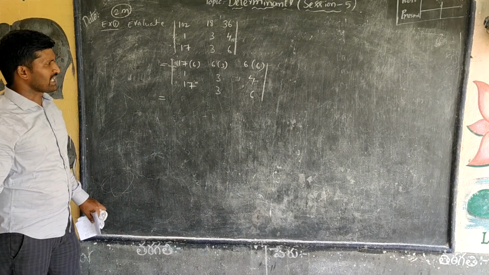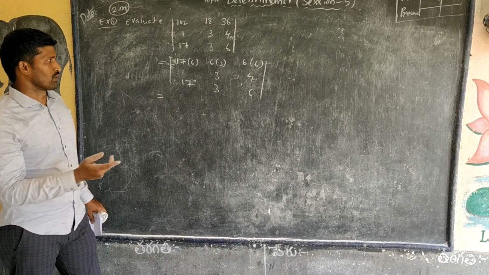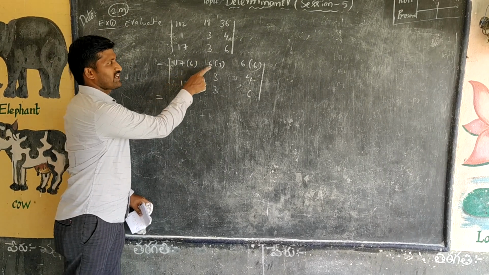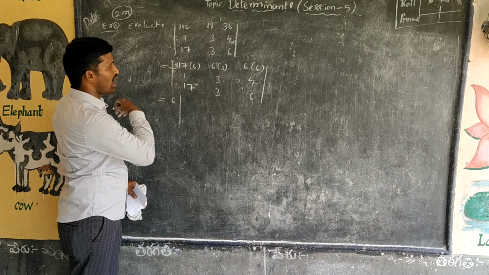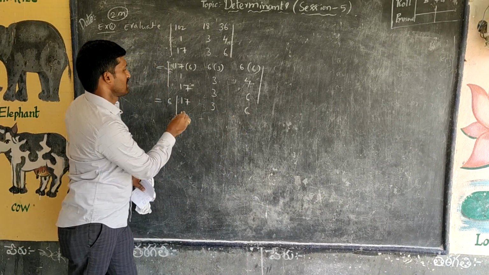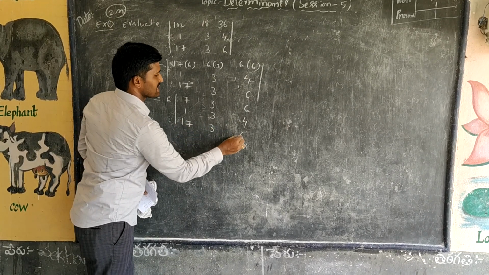Now we can identify easily. As for property number 4, along a row or column we can take out a common factor. What is the common factor here? 6 is the common factor. I am taking 6 as a common factor from R1. Remaining elements 17, 3, 6; 1, 3, 4; 17, 3, 6.